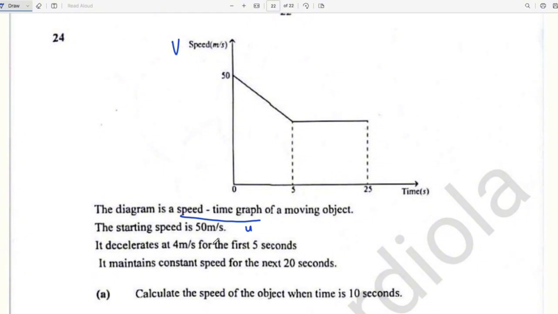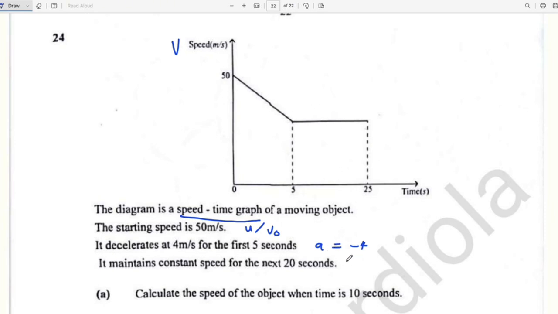Then part A says, calculate the speed of the object when time is 10 seconds. Normally you would get a question where it asks you to calculate the speed at 5 seconds, but you can tell that from 5 up to 20, the speed is the same. It's at constant speed for the next 20 seconds from 5 seconds.